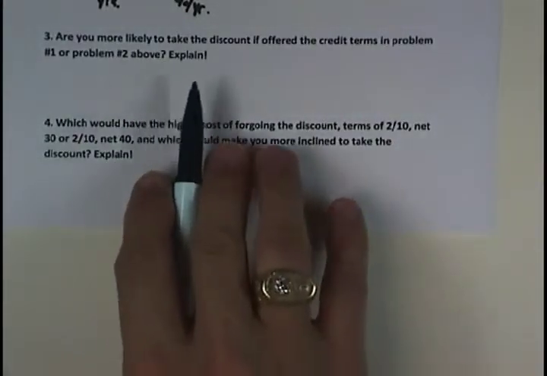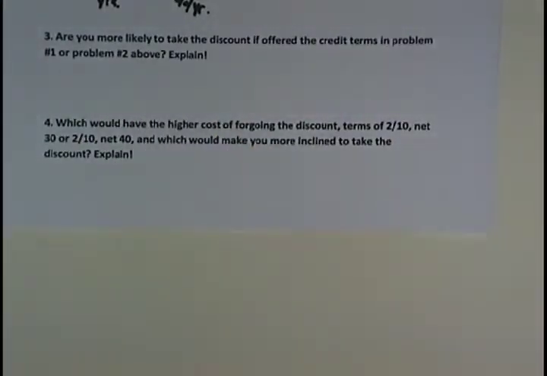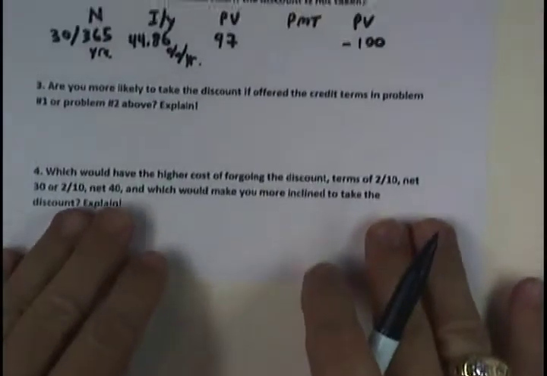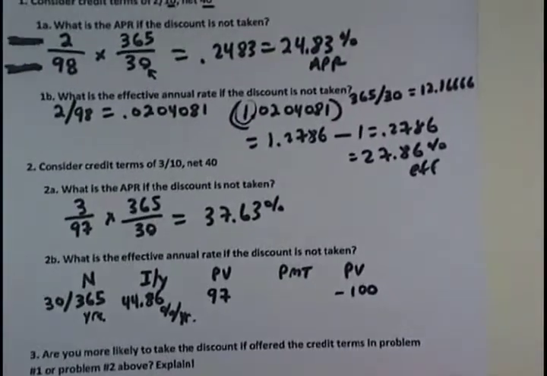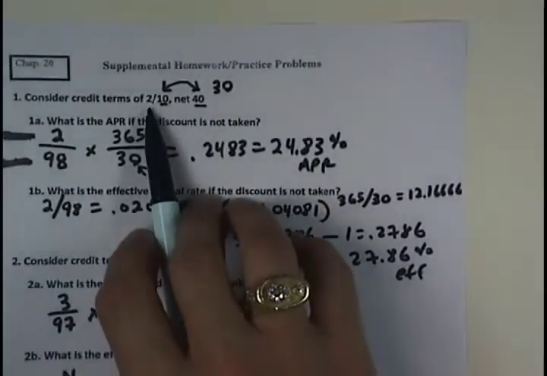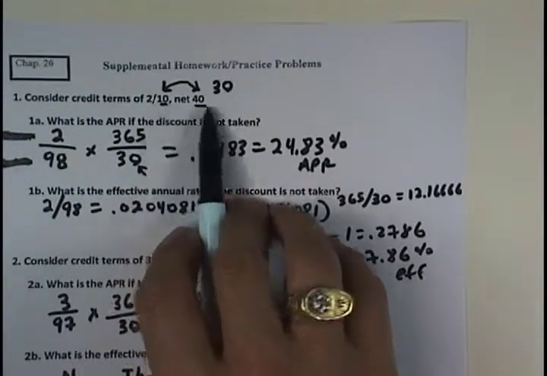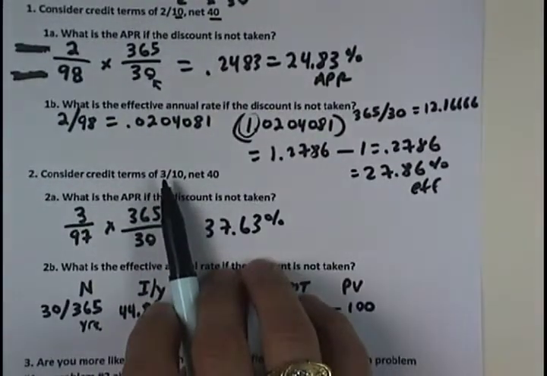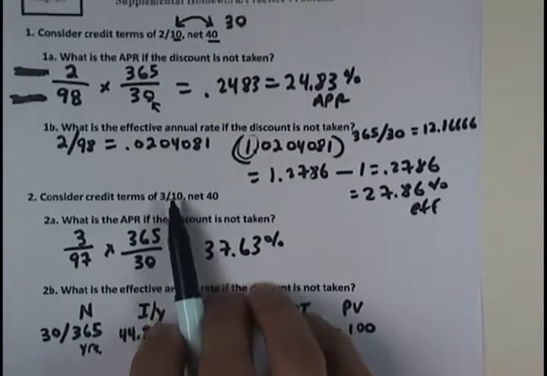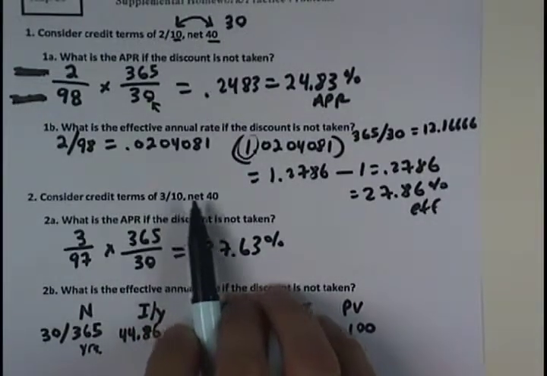Problem 3 says, are you more likely to take the discount if offered the credit terms in problem number 1 or problem number 2 above? And explain. Well, if I just think about it, in problem 1 they were offering me a 2% discount if paid within 10 days and then net 40. In problem 2 they were offering me a 3% discount, pay in the same 10 days or net 40.